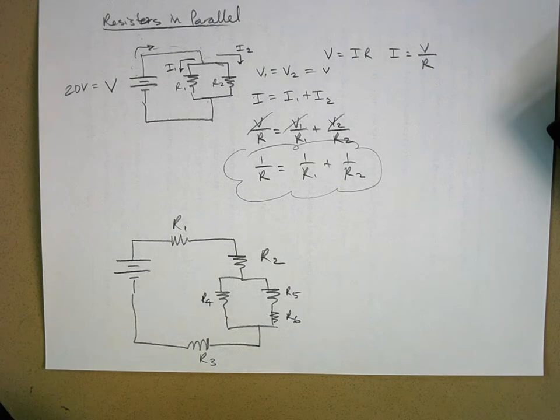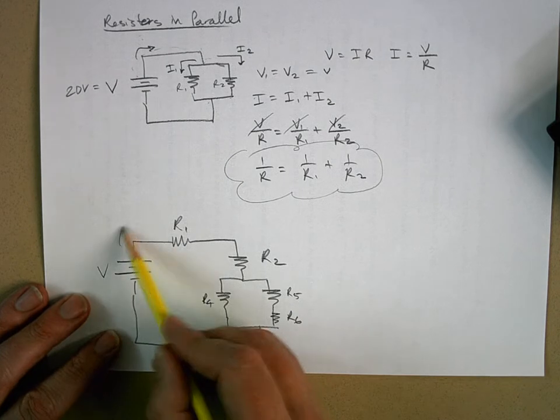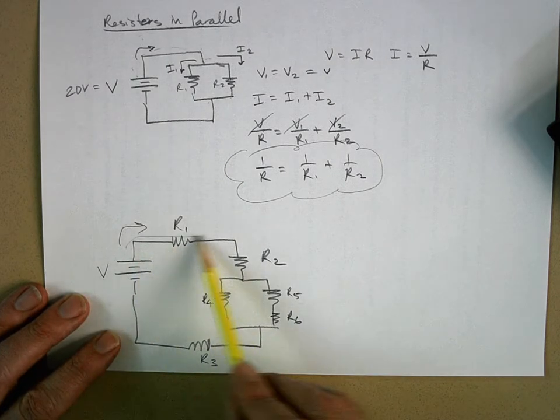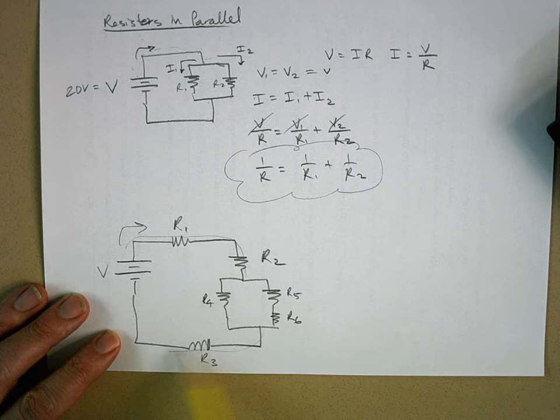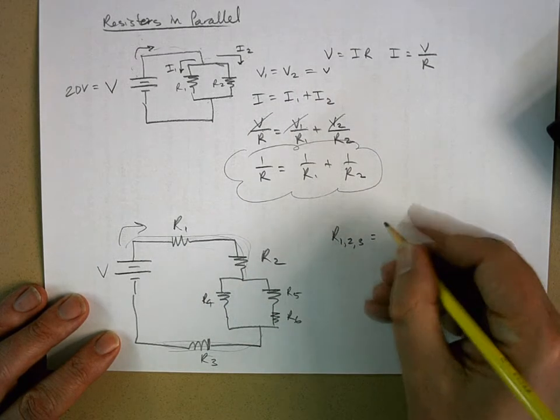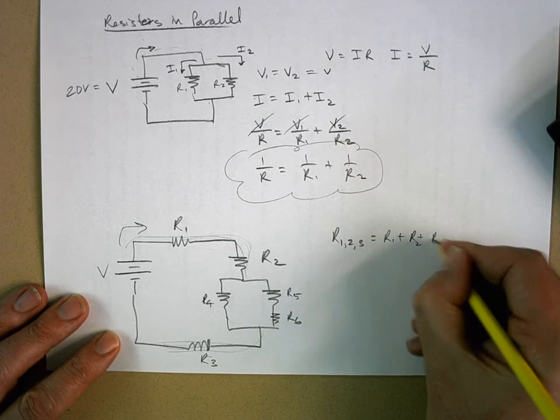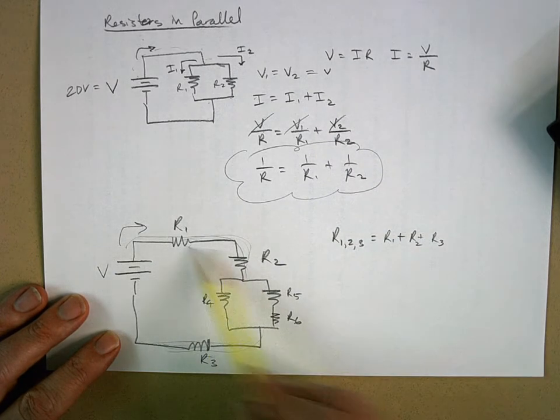All right, so how would you figure out the total resistance of this guy? Well, look for things that are already in series or already in parallel. So this is my total current. R1 has a total current, R2 has a total current, R3 has a total current. These guys all have the same current. Therefore, they are in series. So you can say the combination of R1, 2, and 3 is just R1 plus R2 plus R3. So now you can combine these three into one resistor.